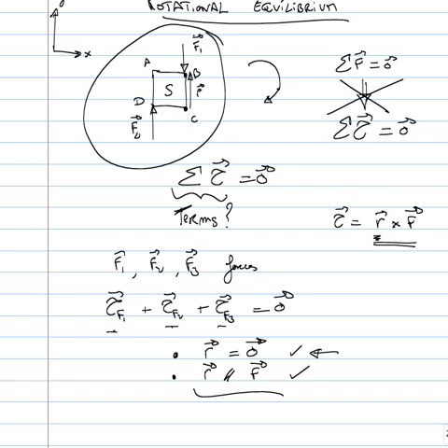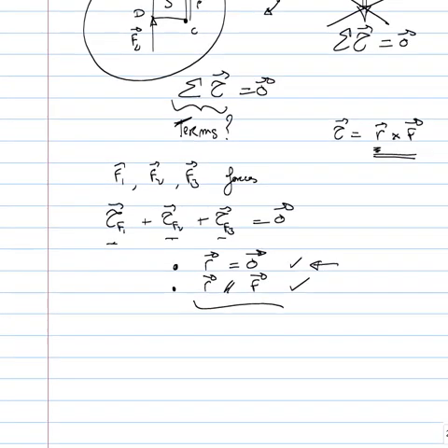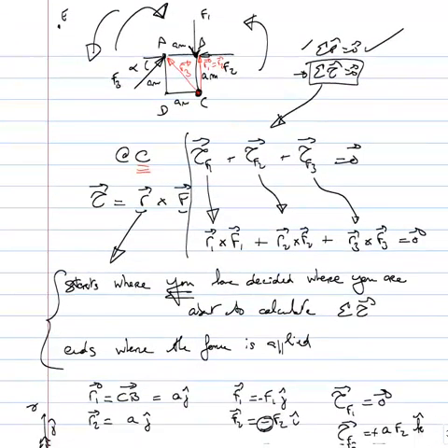If the axis of rotation is fixed in time and in space, you have to calculate the sum of the torques about this particular point. If your axis of rotation changes, or is a function of time, or changes its position as a function of time, then you want to calculate the sum of the torques about the center of mass of the object, which you will need to calculate and identify before you can calculate the sum of the torques.